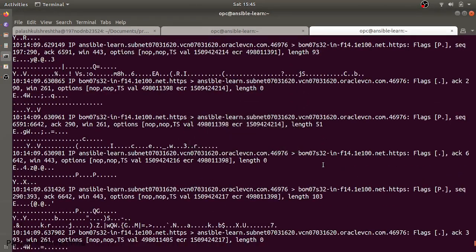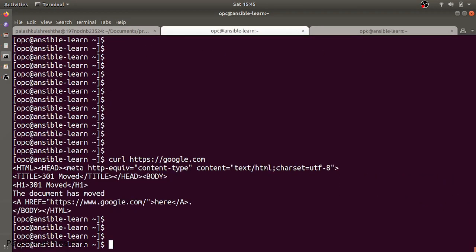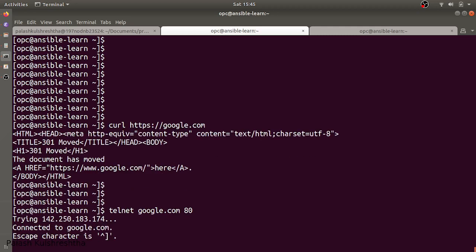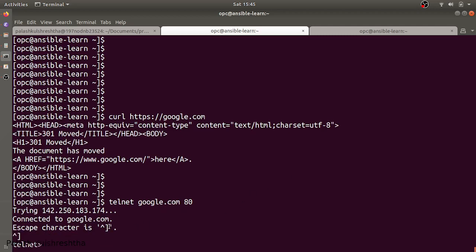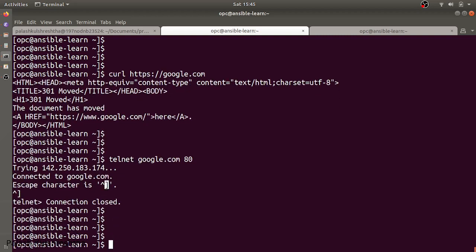So we have seen how to check connectivity between these two instances by telnet google.com on port 80. It is saying that it is able to connect. To escape from this command, you have to press Control, then Shift, and then the square bracket, then Control D. This is how you can check.